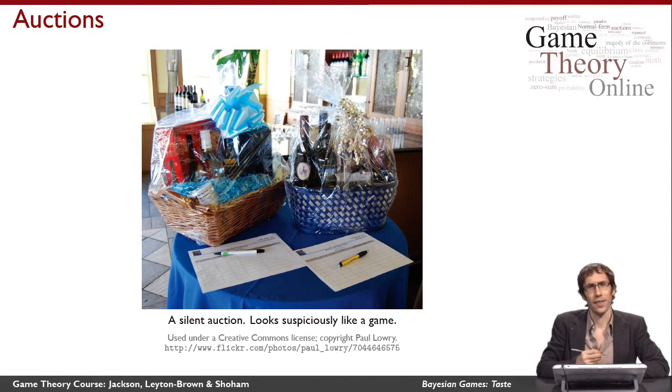And that is that when I want to reason about what other people will do in this game, I need to think about what they think the gift basket is worth to them. That's going to be something very important to the way they choose to act in the game. And critically, this is something that will affect their utility, and it's not something that I know.